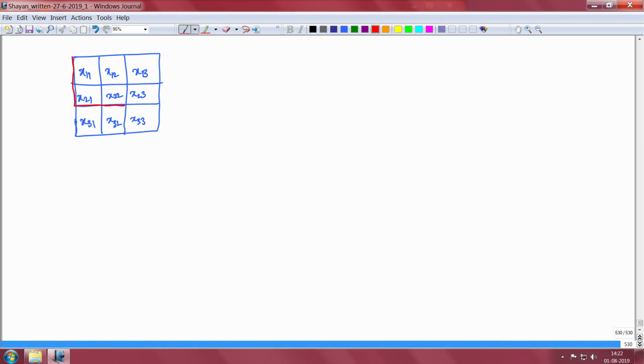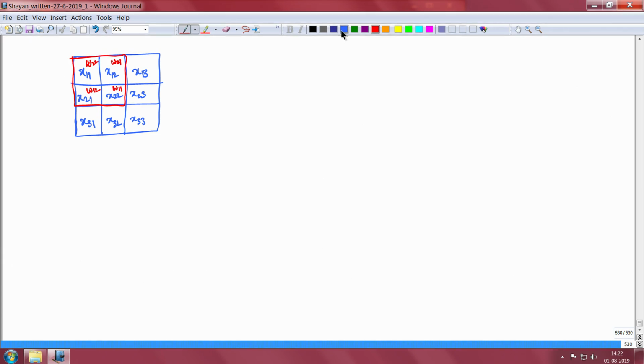I will place the mask at the top left corner and the parameter values are this is the rotated mask. So, I have W22, W21, W12, W11.